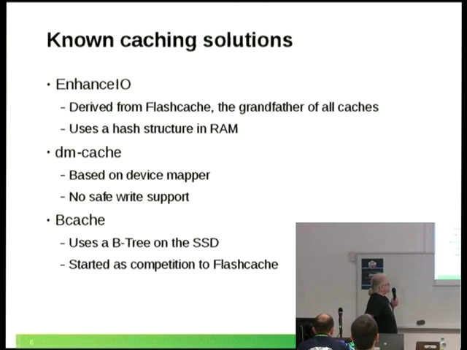The main difference here is the administrative structure. Flashcache used and Enhanced I/O still uses administration of the cache in RAM by means of a hash array, and Bcache uses B-trees, hence the name.